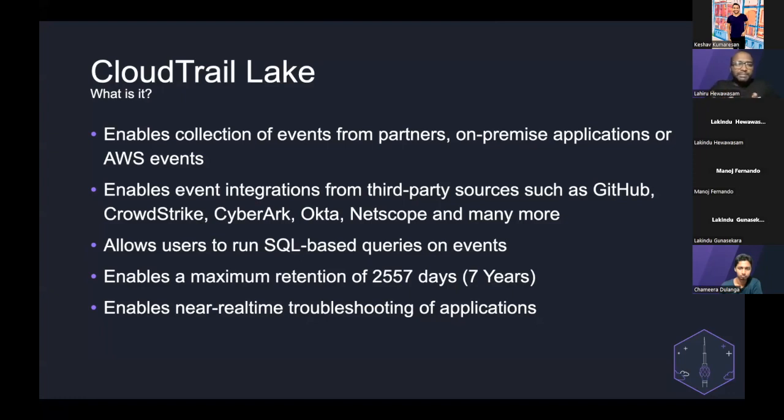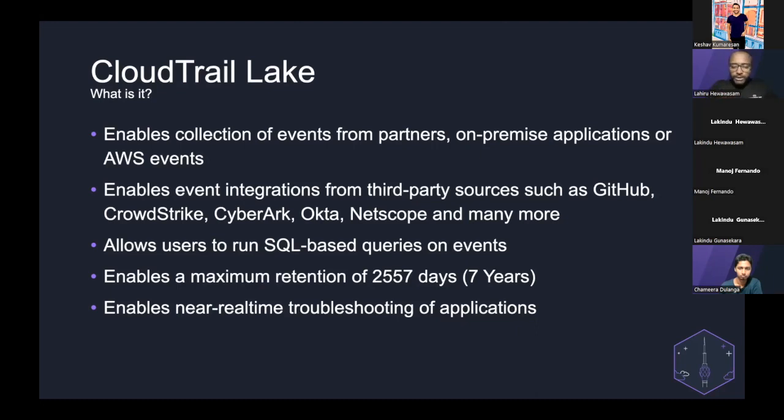It basically enables collection of events from different partners, on-premise applications, or AWS events itself. The partners that I spoke about could actually be third-party sources, right? Such as GitHub, CrowdStrike, CyberArk, Okta, Netskope, and a lot more.